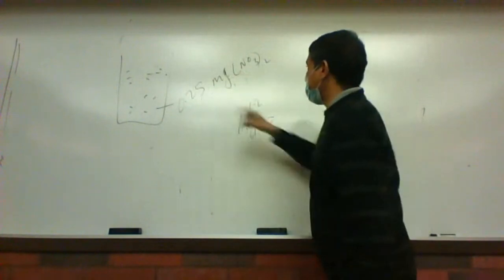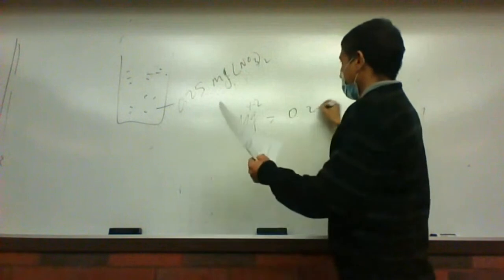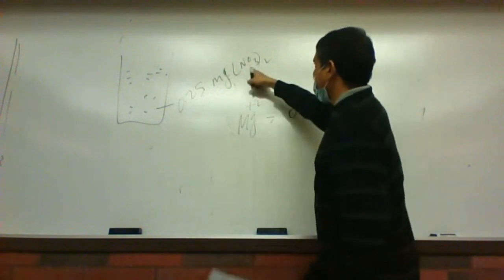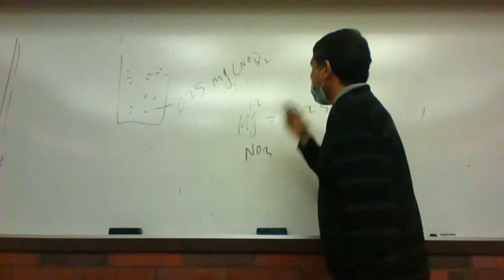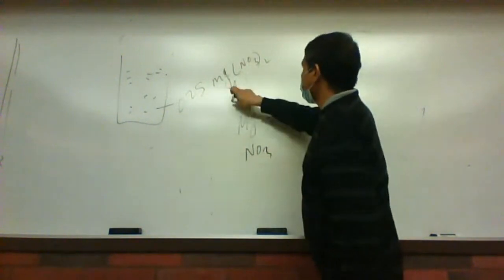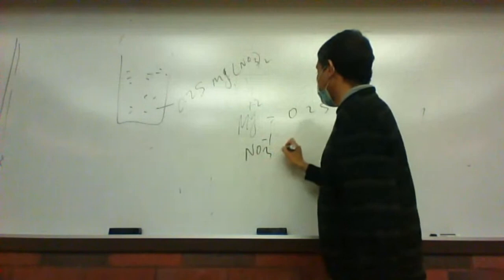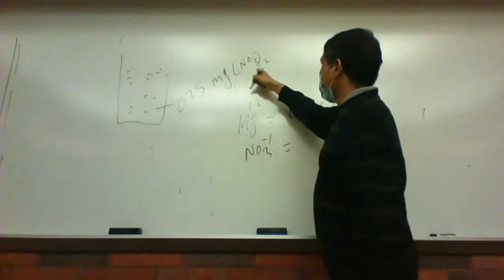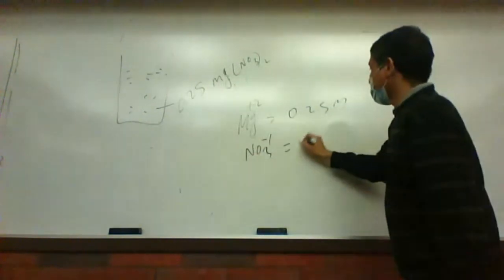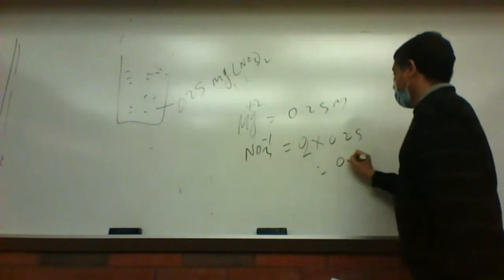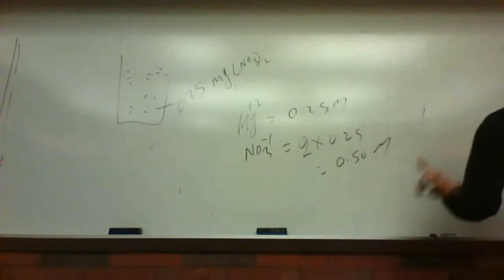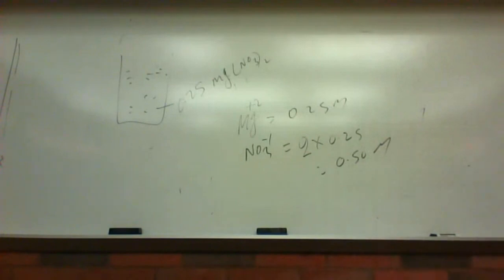So it's only 1; 1 multiplied by 0.25 is 0.25 molar. But I have NO3. How many NO3 do I have? 2, right? So how much charge is NO3? If it's a 1, it's coming from the 1 here, so -1. So how many NO3 do I have? 2. So 2 multiplied by 0.25 is 0.50 molar.